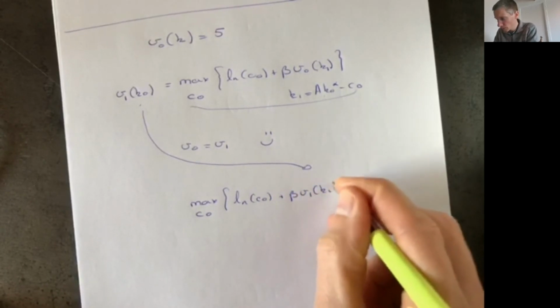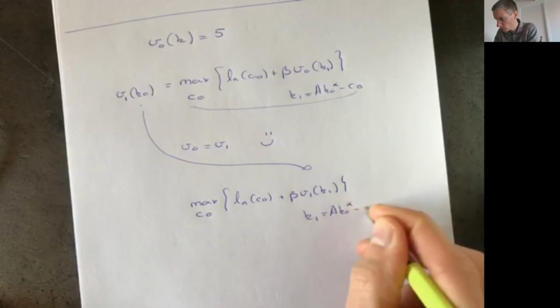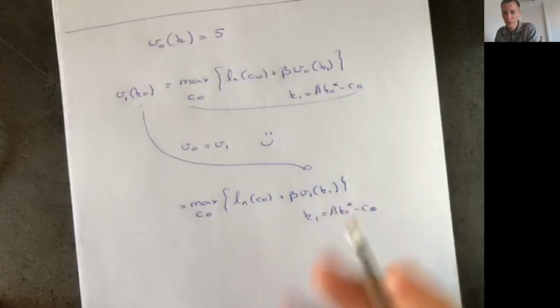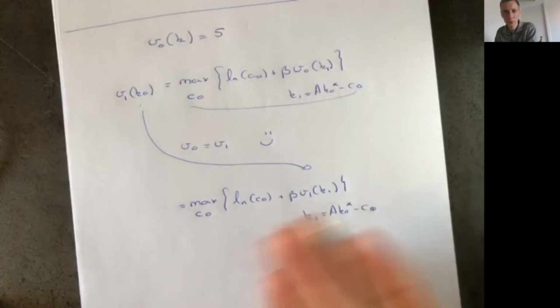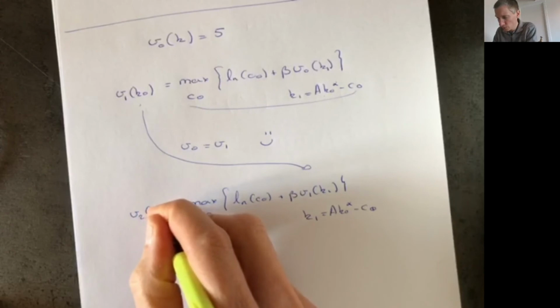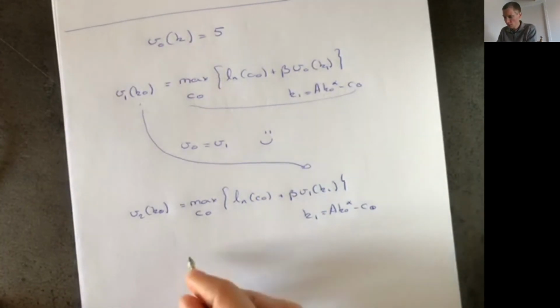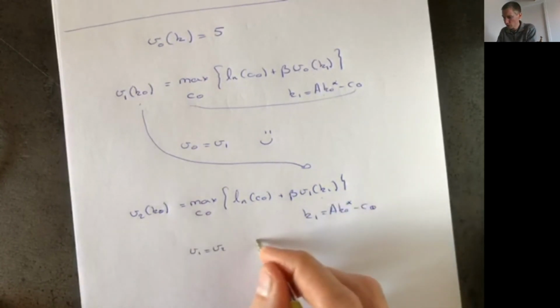V1 of K1. So I have this problem, and I can again solve it, because I know this function, there are no unknowns anymore. I can solve this problem, and I get a new value function out of it, which is now going to be called V2. And if V1 is equal to V2, then this solves my Bellman equation, so again, I'm happy.